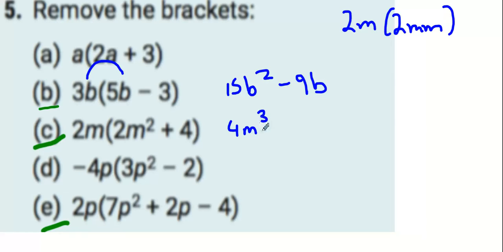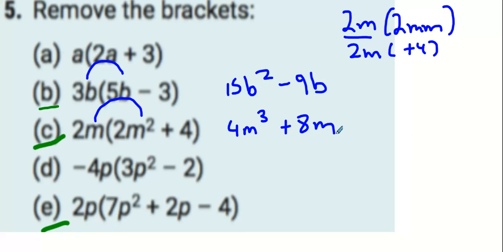Think about it. 2m is getting multiplied by 2m squared. 2m has 1m in it. 2m squared means 2mm. I count 3 m's using my eyesight, so that means the answer is 4m cubed. Then it's 2m times plus 4, which is 8m.